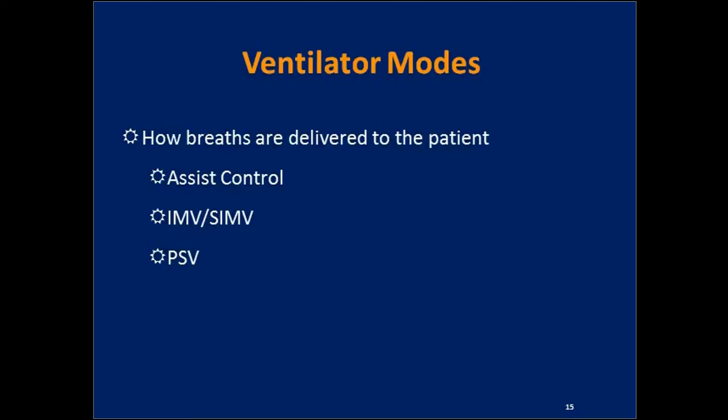The tidal volume is all spontaneous from the patient. The only help that the patient gets from the machine is what we call pressure support, which is just enough pressure to overcome the amount of effort that it takes to breathe through the tubing.